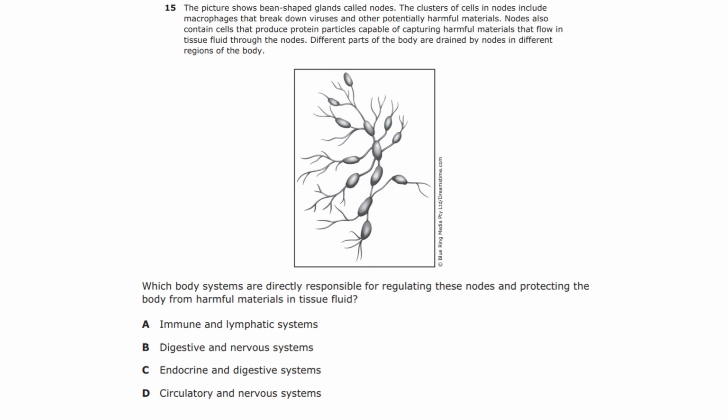It's kind of a little part separate from the circulatory system because it only drains a little bit of your blood through those nodes at a time to keep your blood supply clean. So it couldn't be digestive or nervous. It couldn't be endocrine or digestive, and it certainly wouldn't be nervous system. So you've got to look to see on these when you have something that answers both. Both answers are correct. And so for that particular question, the answer is going to be A.